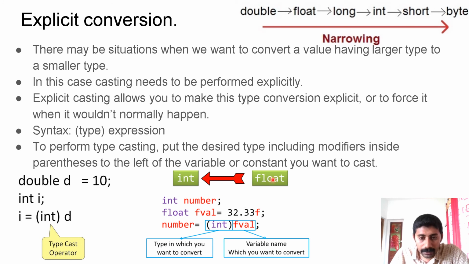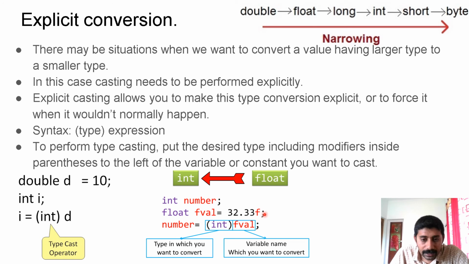Here is another example: int number equal to a float value. My requirement is that I am not worried about the fractional values. I want to store only the whole numbers. As a programmer I know that, but the compiler does not know that. So if that is okay for me, I can store this f value into an integer. When I store it, I will lose the fractional value, that is the data loss, but as a programmer I'm okay with that.